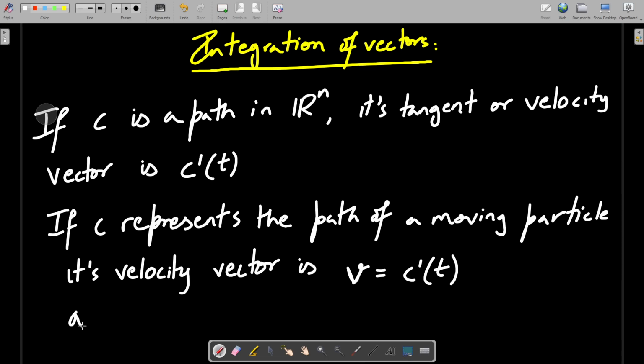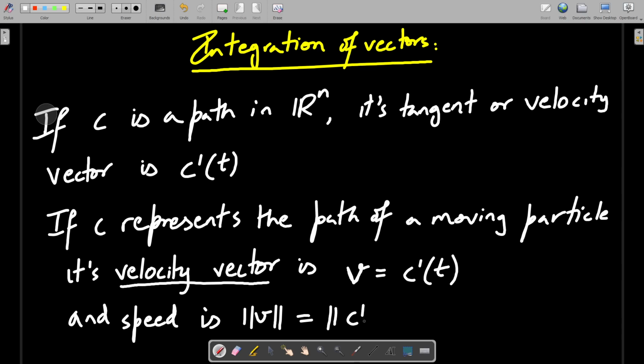And speed is, see when we talk of velocity, velocity is a vector. Speed becomes a scalar. So speed is nothing but the norm of this thing, that is going to be equal to the norm of C prime of t, and this we denoted by the alphabet S.